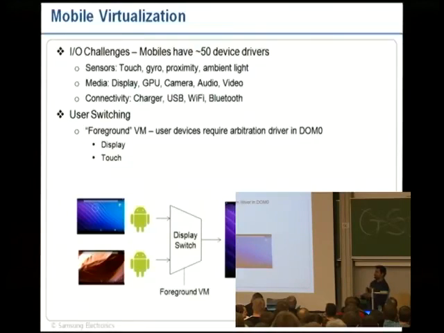All the human interface parts, the display, the camera, the touch, are assigned to one particular foreground domain. The arbitration engine keeps track of which is the foreground domain, manages the IO devices and assigns a particular device to a particular OS. We have a display switch, which could be a simple app which we developed, or a physical button which can trigger a change in the domain.